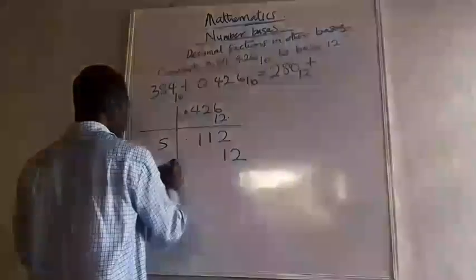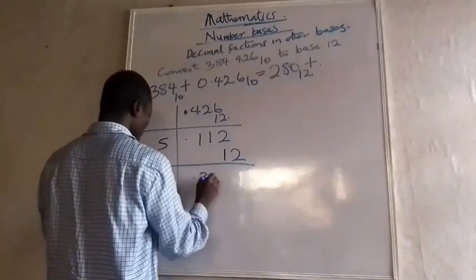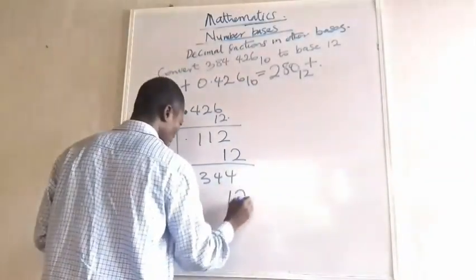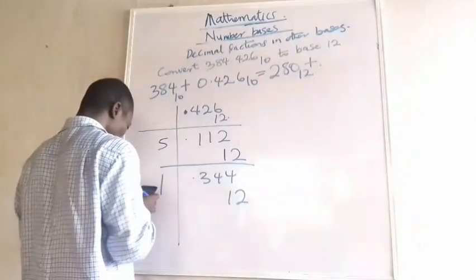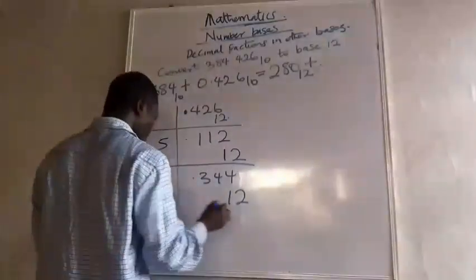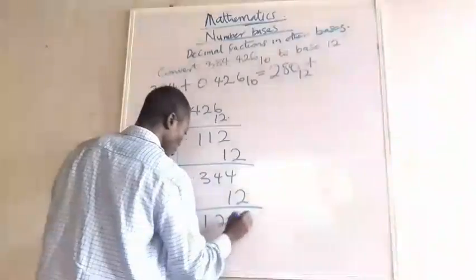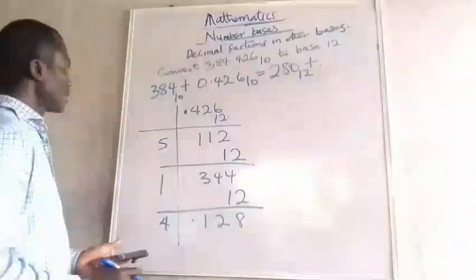That gives me 1.344. Multiply again by 12. So this gives me 4.128. Let's multiply one more time.